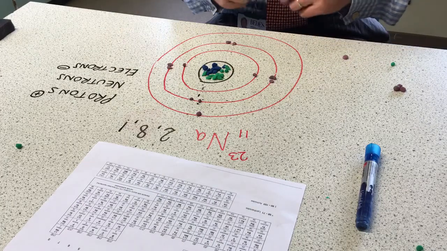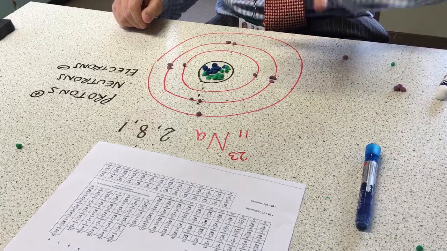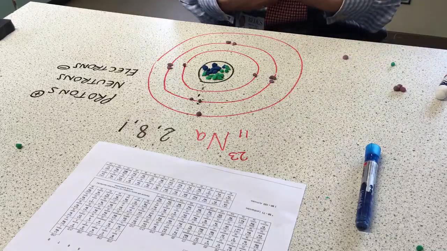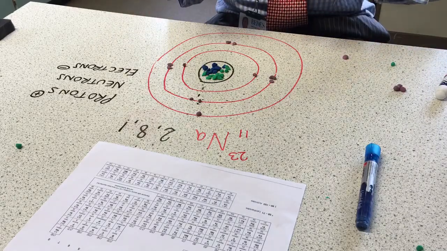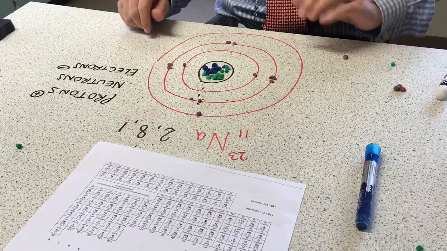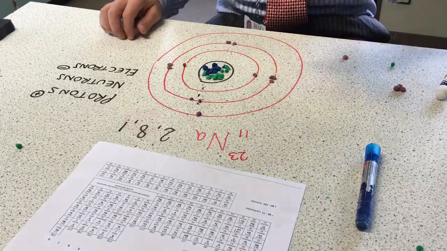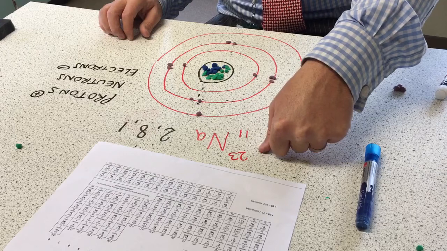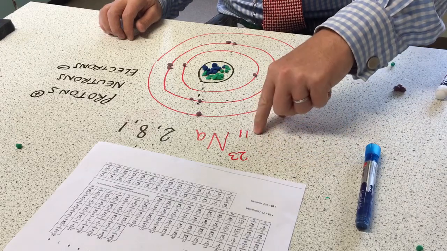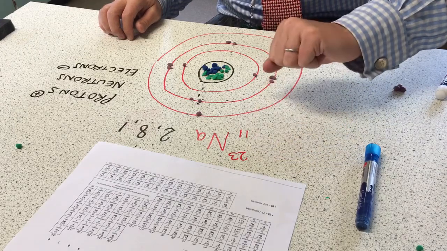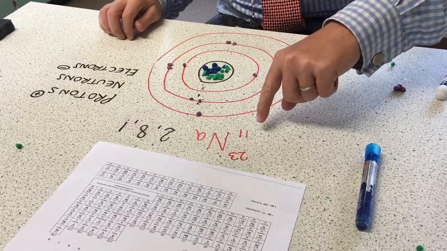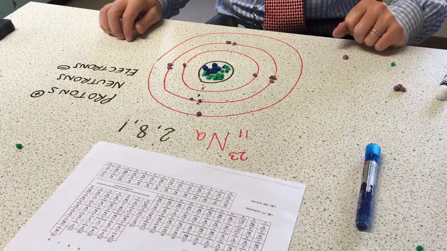Now I'm just going to finish off by saying that that is the way that you can work out how atoms are made in terms of their makeup of electrons in any atom. As long as you've got the small number and the big number, you can work out how many protons it's got, how many neutrons it's got, and because the number of electrons is the same as the number of protons, how many electrons it's got.